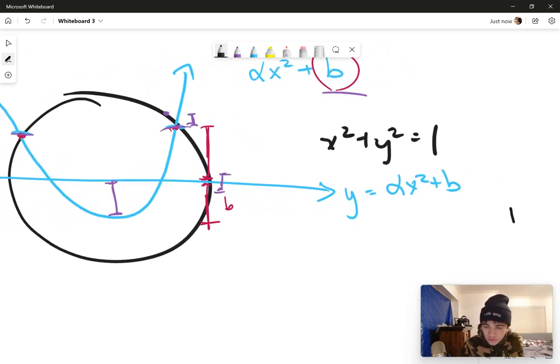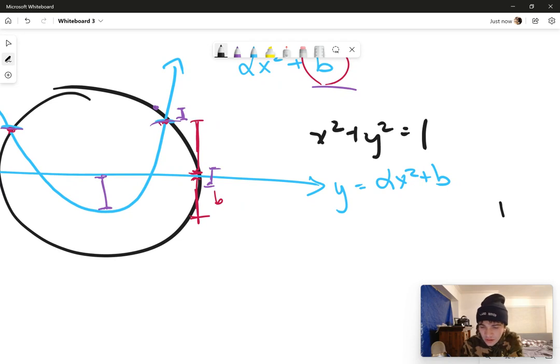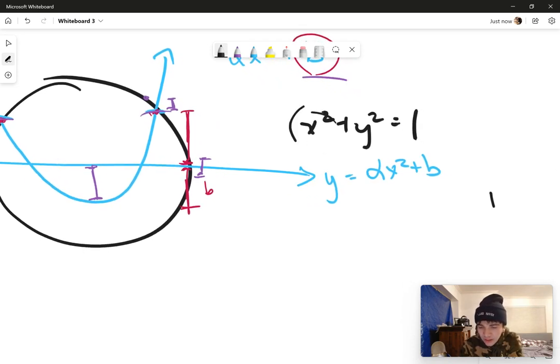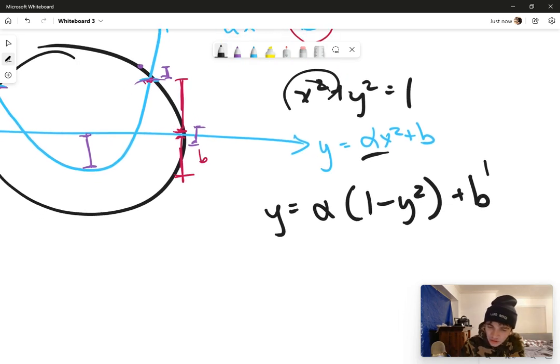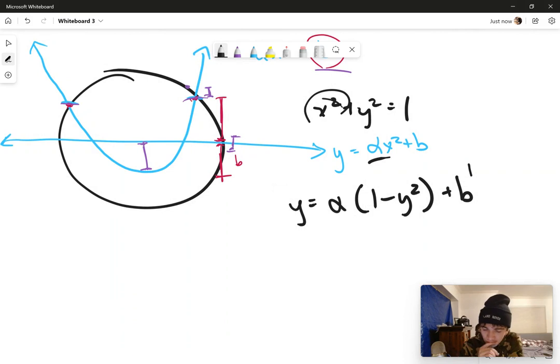There's an intersection point precisely when we can just plug in x squared here. And so we're going to get y equals alpha times 1 minus y squared plus b.